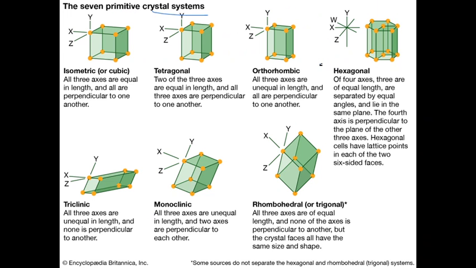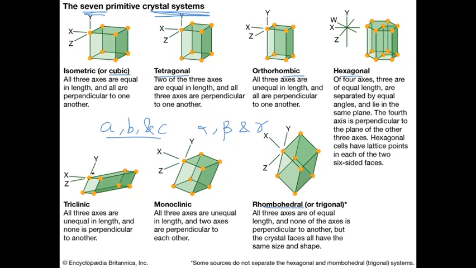So it is proved that you can actually construct 7 crystal systems with varying relations of A, B and C, as well as alpha, beta and gamma. They are called the cubic system, then the tetragonal system, orthorhombic system, hexagonal, triclinic, monoclinic and rhombohedral. What is different between them are these lattice parameters, and they look different, right?